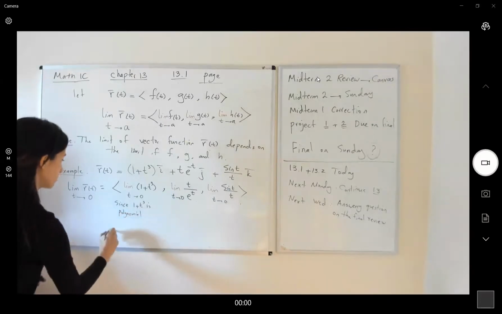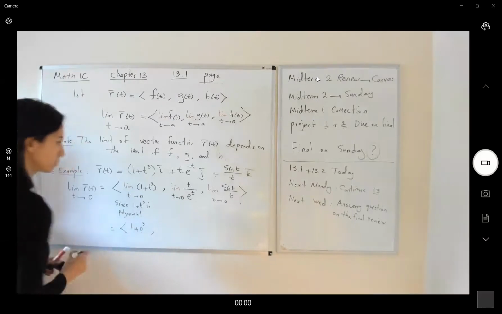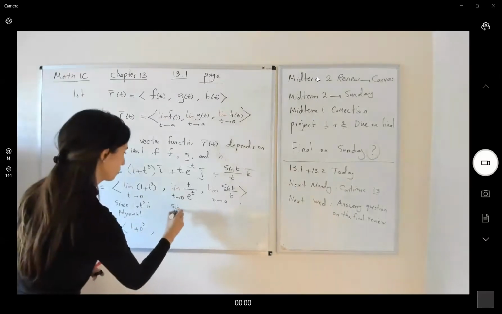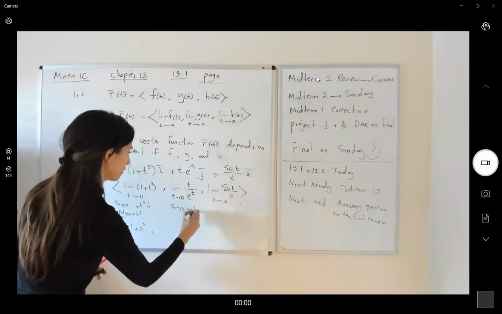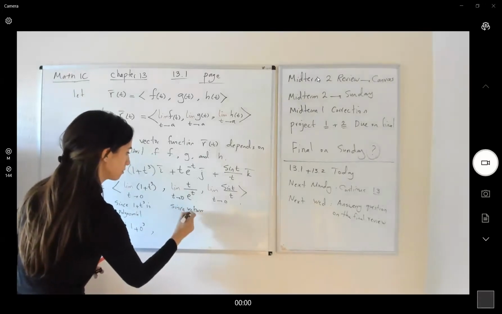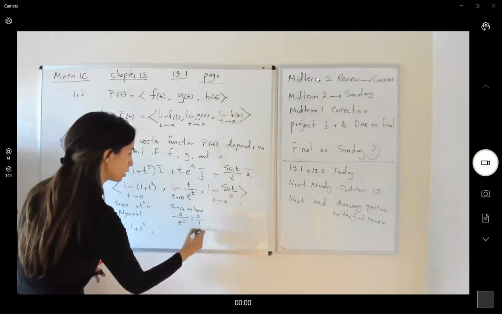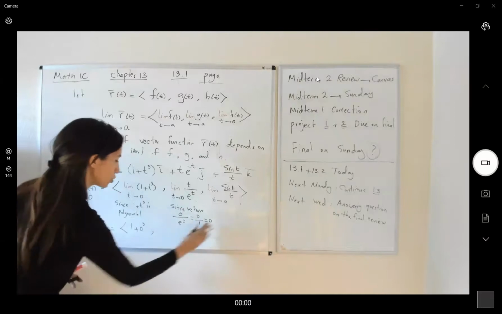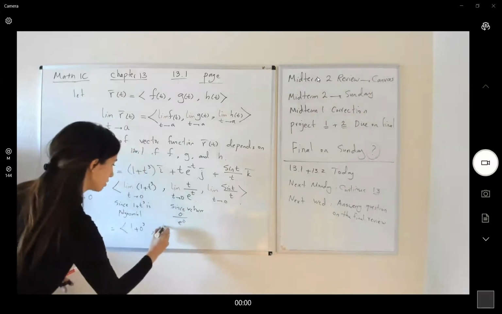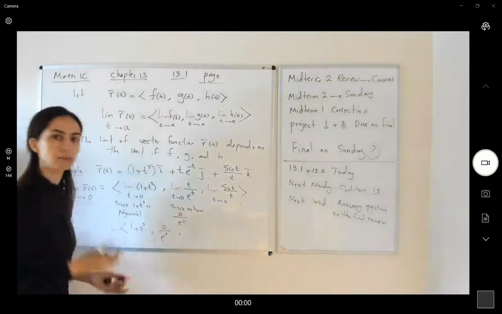Since 1 plus t cubed is a polynomial, this is equal to 1 plus 0 cubed. For the second, 0 divided by e to 0, 0 divided by 1 is equal to 0. And here you have the limit of 0 over 0.